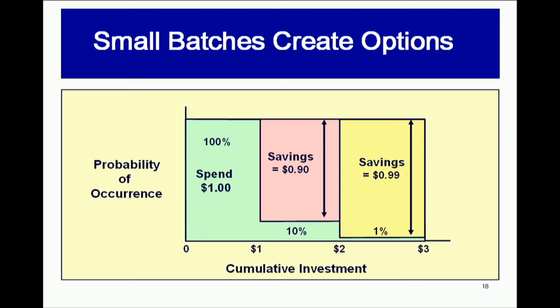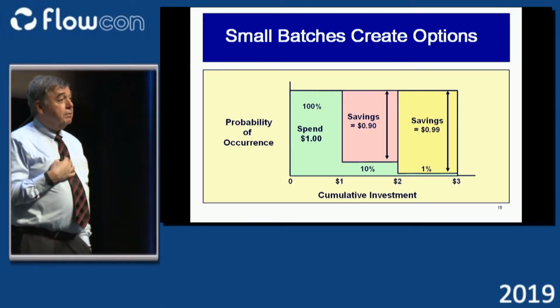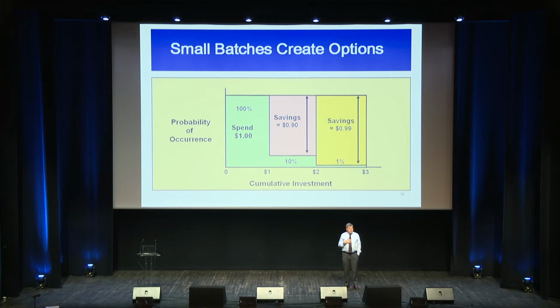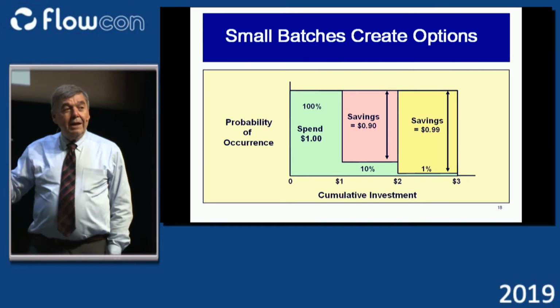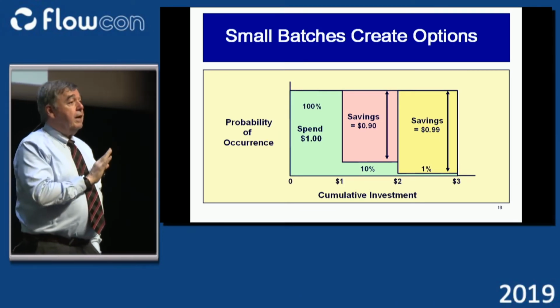Now, why did the economics change? That's the interesting question, because the payoff is still $3,000, the probability of winning is still 1 out of 1,000, and the cost of playing is still $3 to buy 3 digits. Somebody trained in finance would look at this and say the difference in the second game is you have 2 shutdown options.